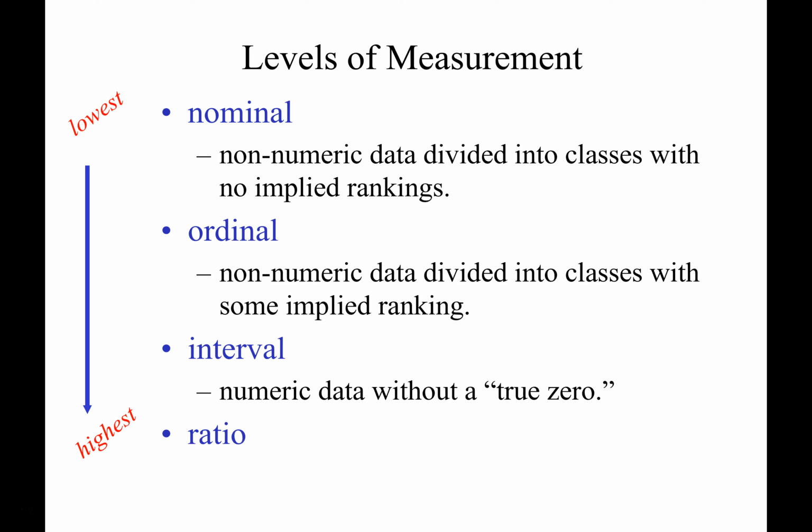So ratio is the coolest, no pun intended, where you actually have numbers. You can rank things. And if you have 0 in that measurement, that means actual absence of that thing. In the case of the Kelvin temperature scale, if we're at 0 Kelvin, we are absent thermal energy.